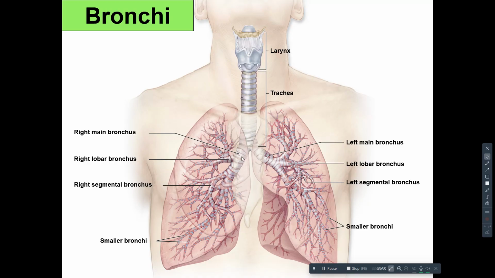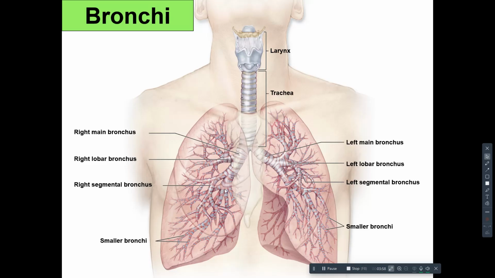Now my main bronchi are going to split to give me lobar bronchi. I will have a pair of lobar bronchi on the left side because there are only 2 lobes there, while I will have 3 lobar bronchi on the right side.